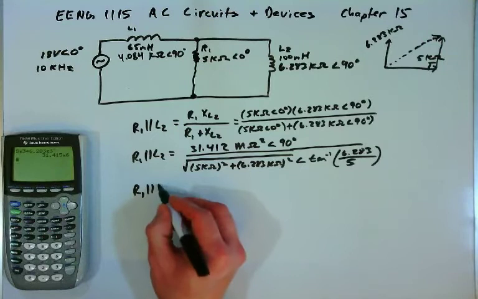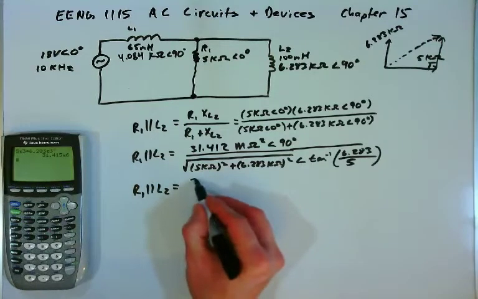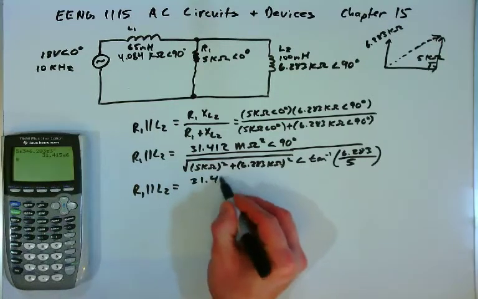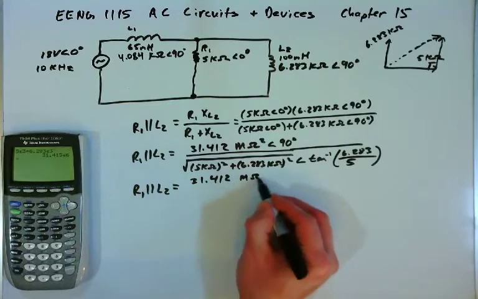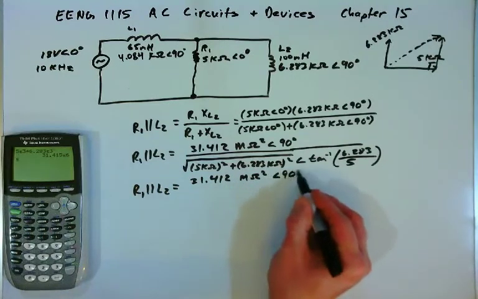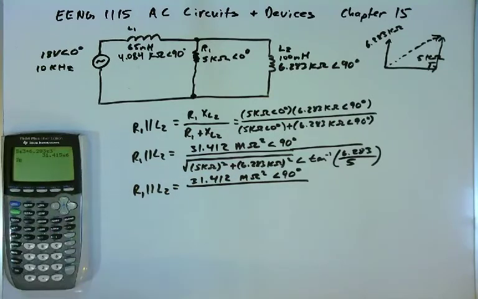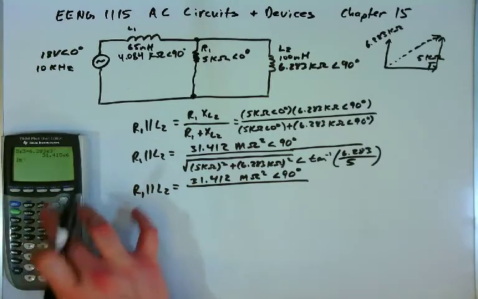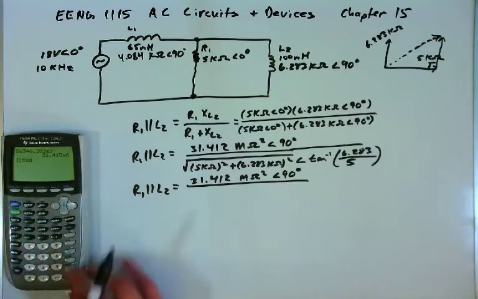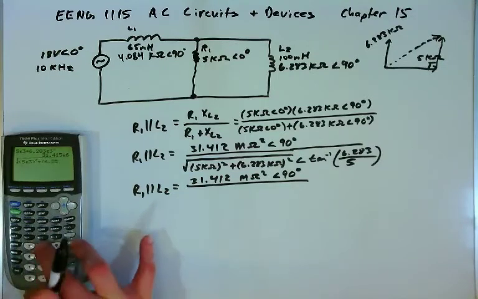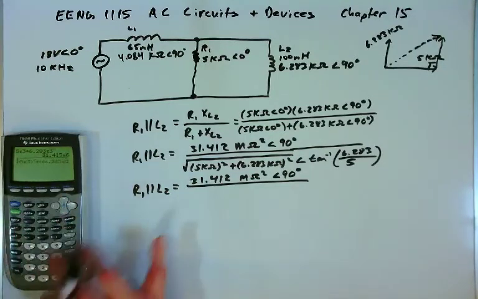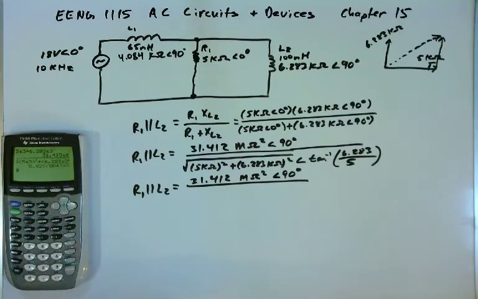So R1 in parallel with L2 will be, the numerator is 31.412 mega ohms squared at 90 degrees, divided by, and we'll find the magnitude first. It's the square root of open parentheses 5 kilo, close parentheses squared, plus open parentheses 6.283 kilo, close parentheses squared.